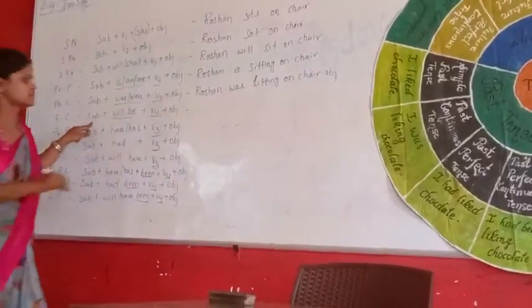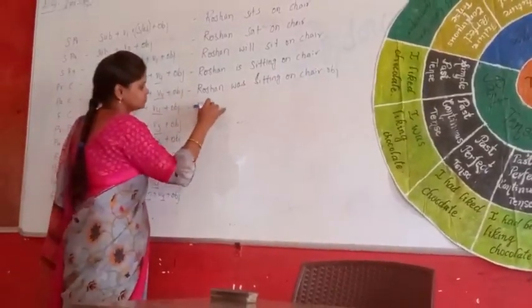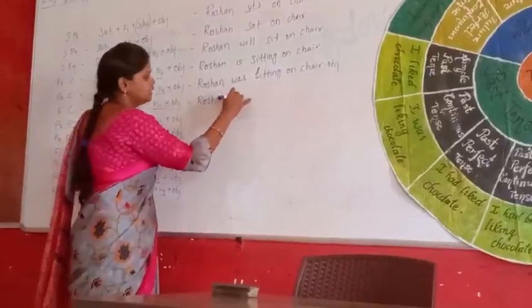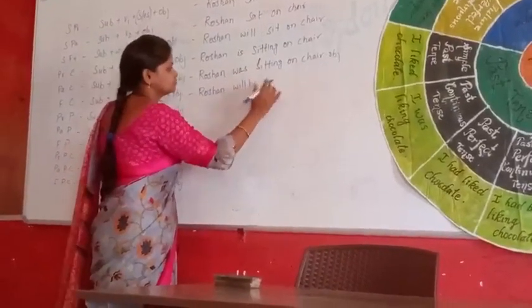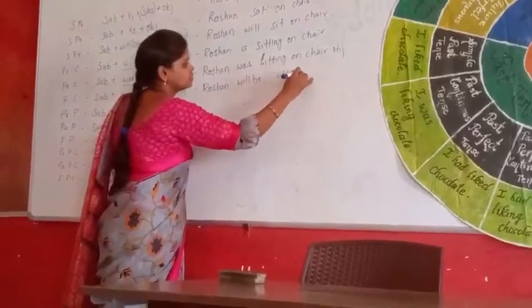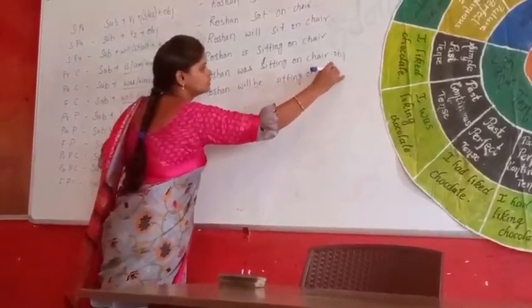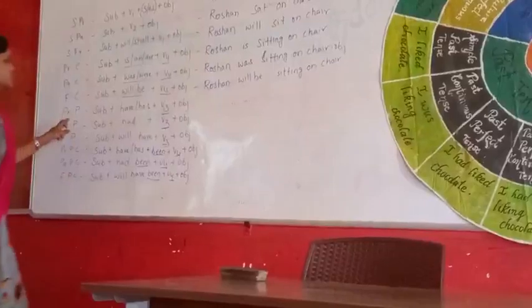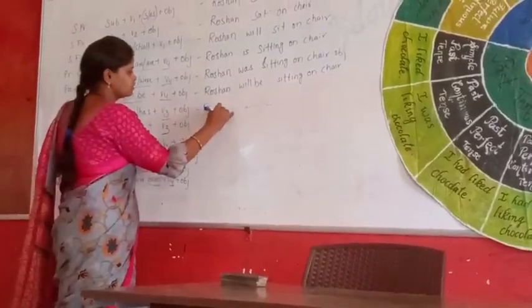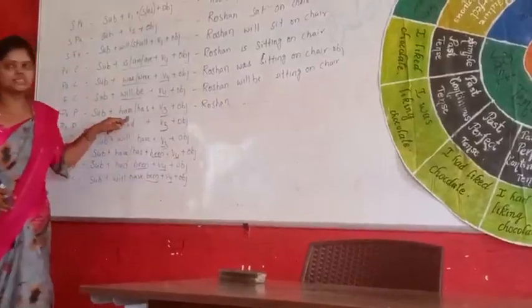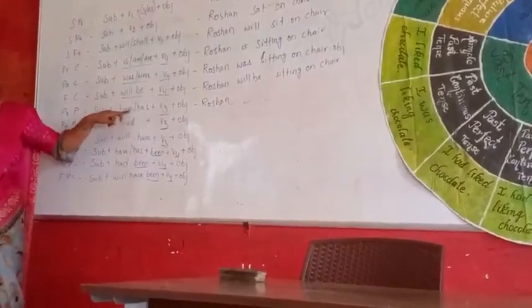Future continuous. Subject is Roshan will be sitting on chair. Present perfect. Subject is Roshan. Roshan follows with have or has.